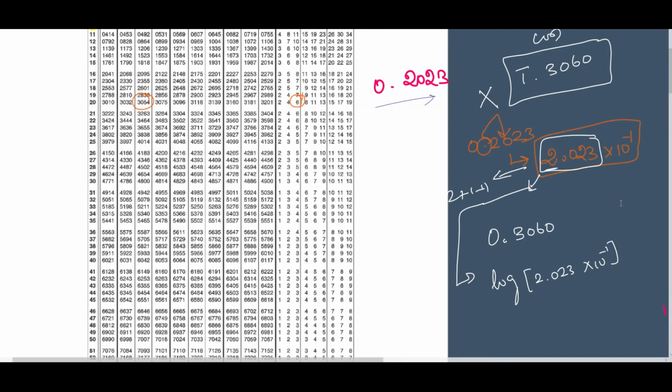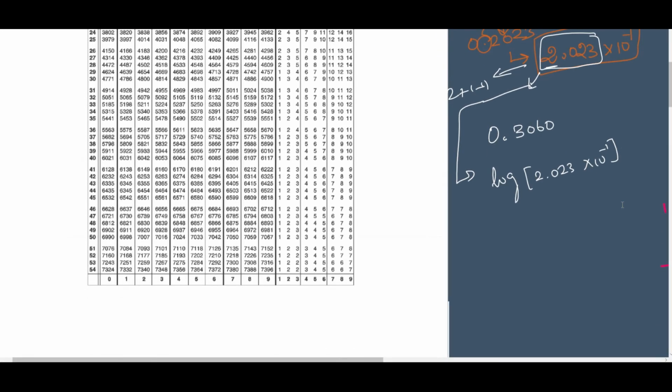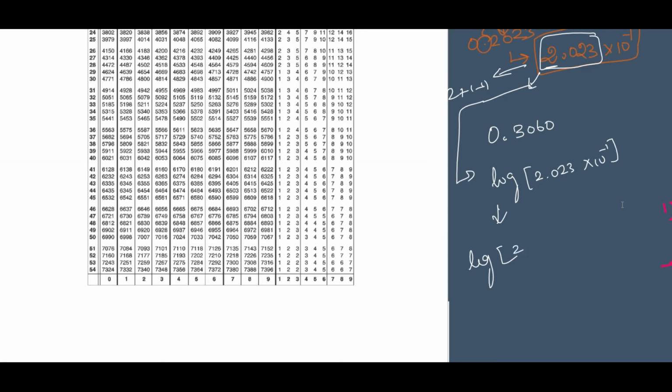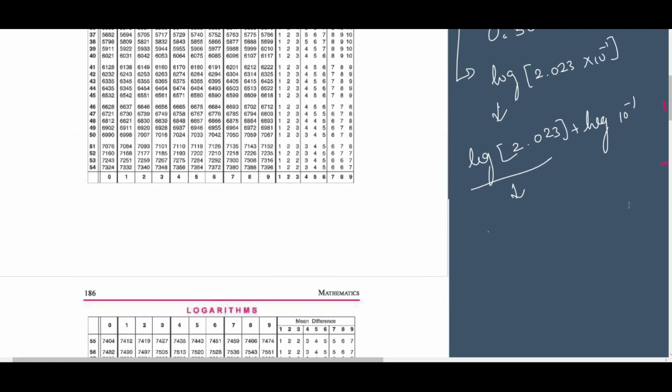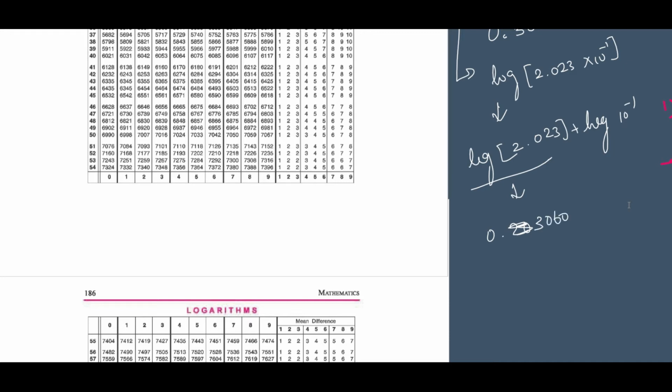So how we can represent this? I forgot to tell you that. Okay. So log of multiplication means addition, correct? Log of 2.023 plus log of 10 power minus 1. So when you are coming to here, log of 2.023 is nothing but 3060. Okay, where is this?